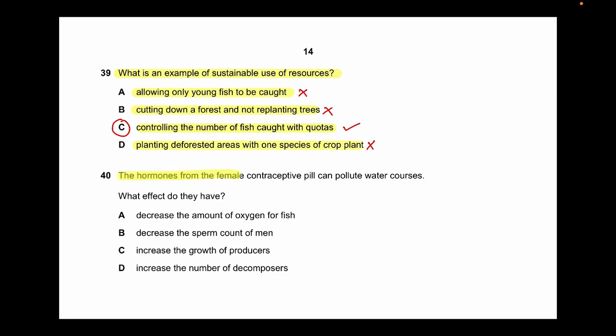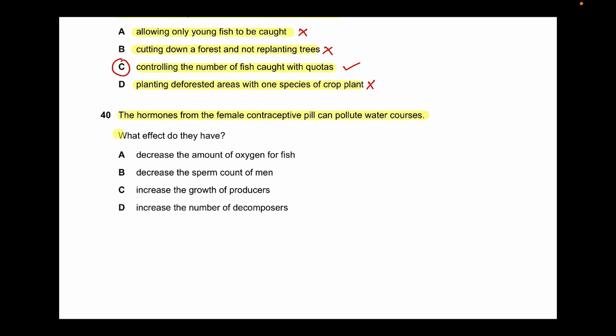The hormone from the female contraceptive pill can pollute water courses. What effect do they have? So the female contraceptive pill mainly consists of estrogen or progesterone, which can cause feminization in some organisms.